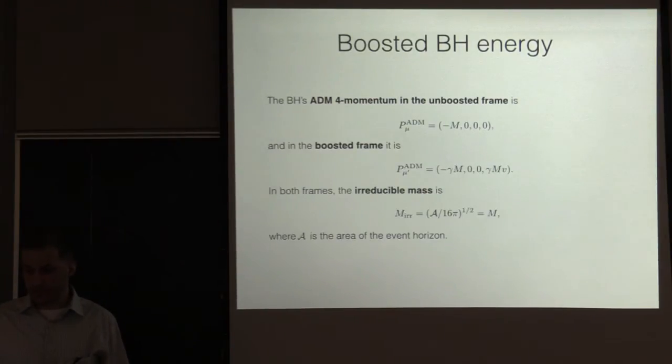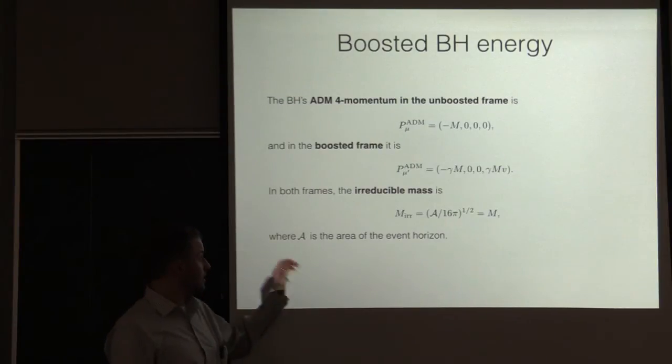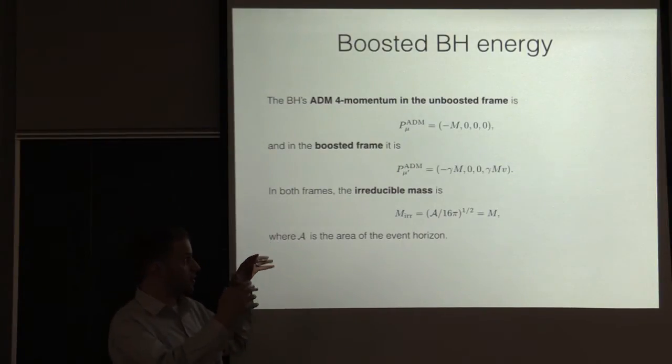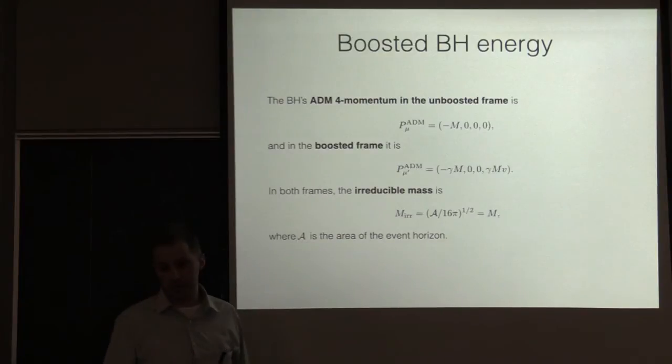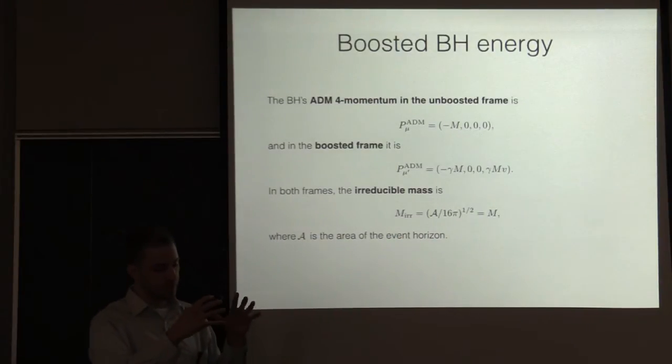In addition, black holes have another kind of mass, so a third notion of mass and energy for a black hole called their irreducible mass, which you compute by taking the area of the event horizon and some square roots. And the interesting thing is that both black holes, moving and sitting still, have the same irreducible mass, related to the fact I mentioned earlier about the area of the horizon being the same in both frames.